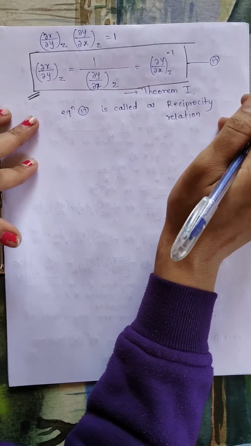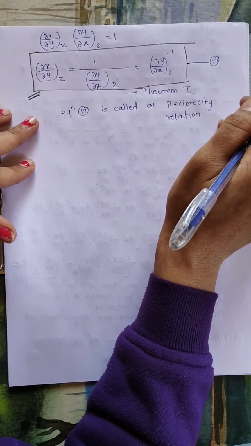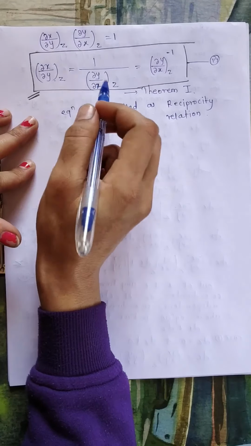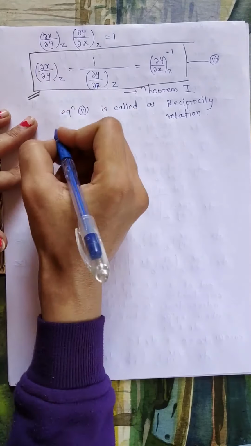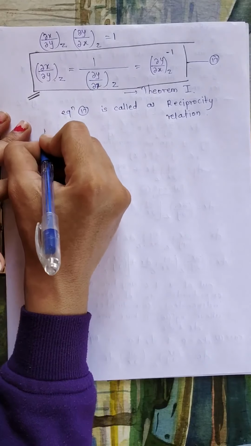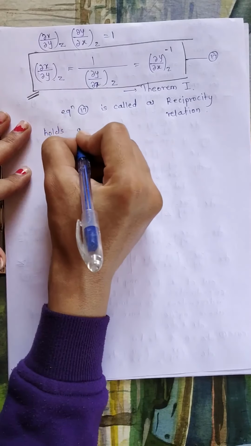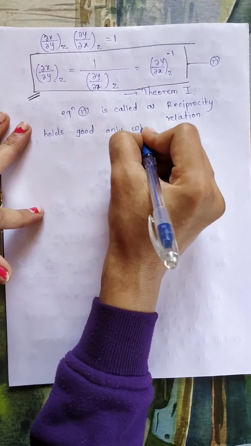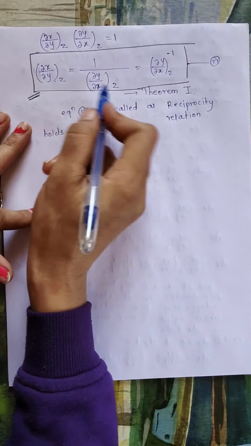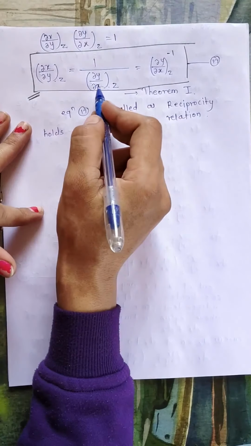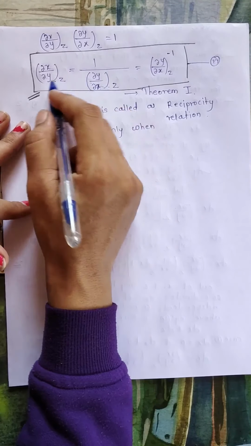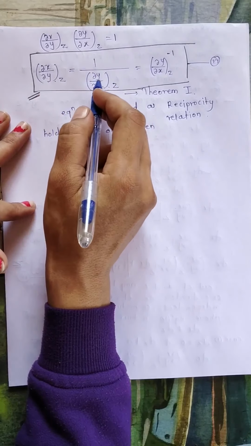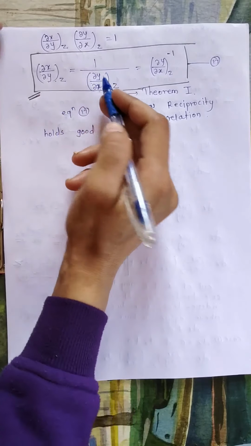And this equation holds good provided that both partial derivatives are not equal to 0. It holds good when these two terms are not equal to 0, because if either one of them is 0, then this equation becomes indefinite, so it will go to infinity.